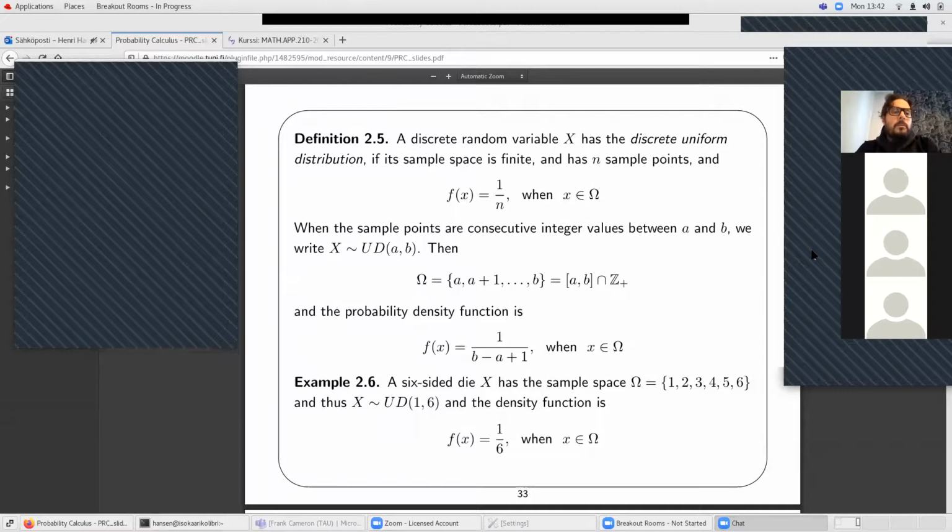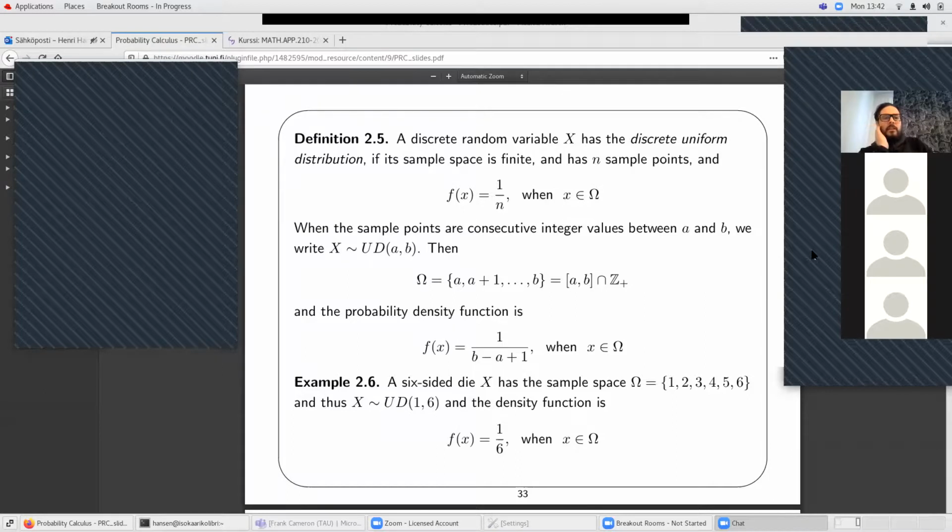An example is one that arises when you have a die roll. We assume that landing on each side is equally probable. So that is an example of a discrete uniform distribution.